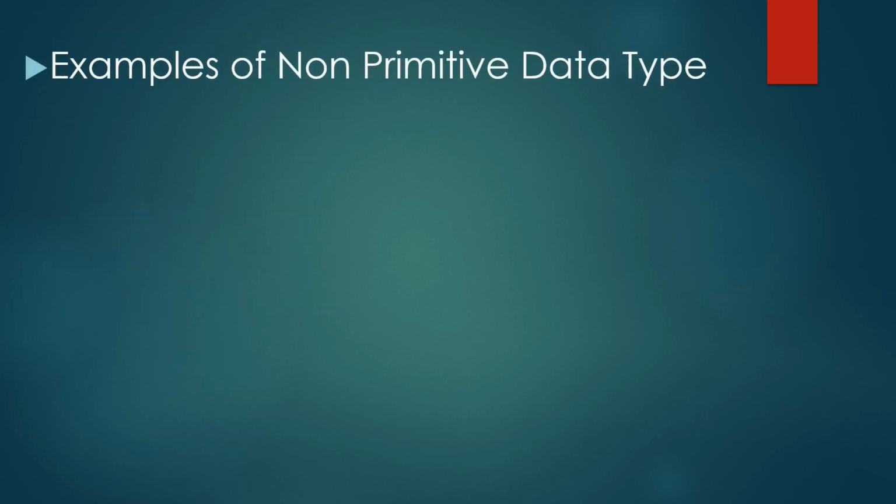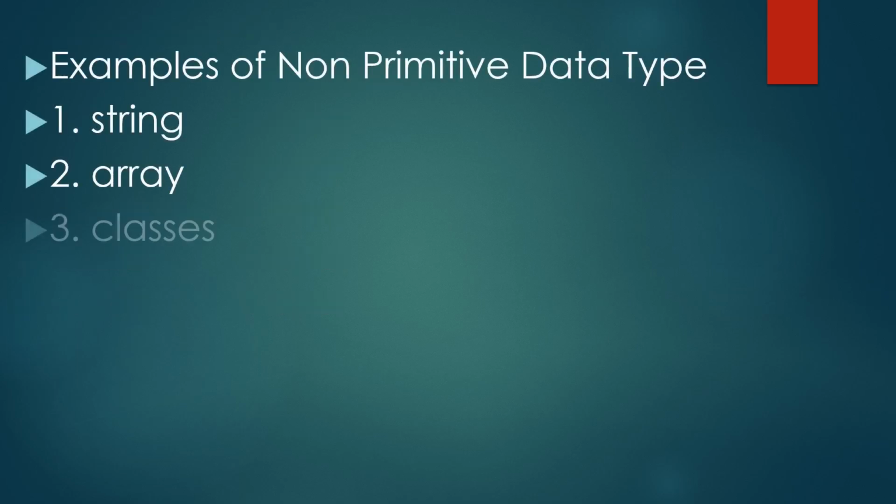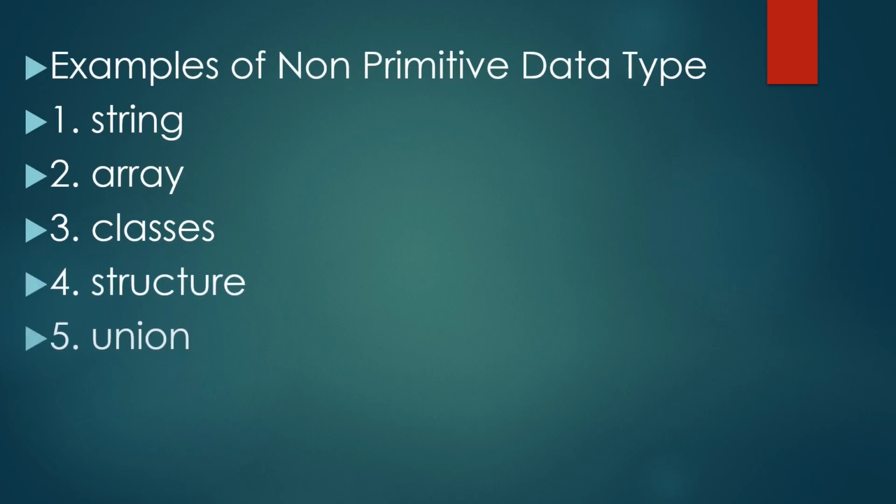Now we will look at some examples of non-primitive data types. Here they are: first is string, array, classes, structure, and the last one is union. In these data types the size is not fixed. We declare their size as per our requirement. Okay, and it is recommended that the size should be precise.